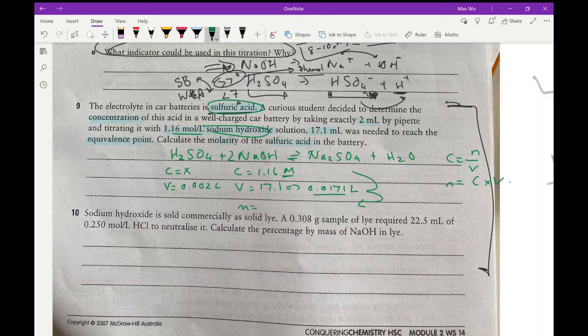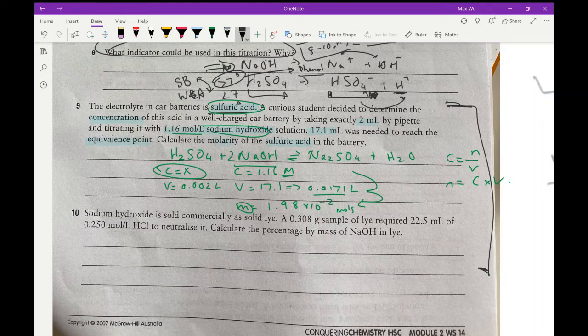Otherwise, I can't actually finish the question. We get, I'm just going to put it into its sig figs, 1.98 times 10 to the negative 2, and this is moles. Now we have moles of sodium hydroxide. We want to find the molarity of this.